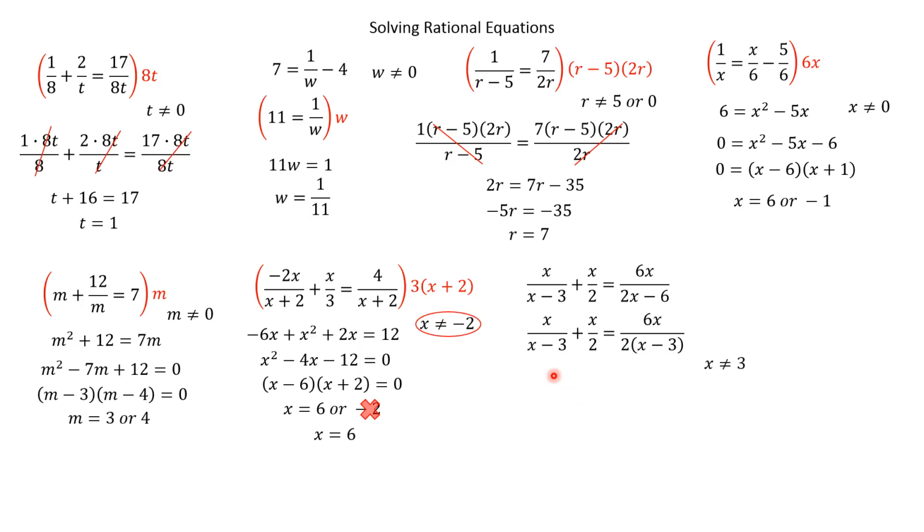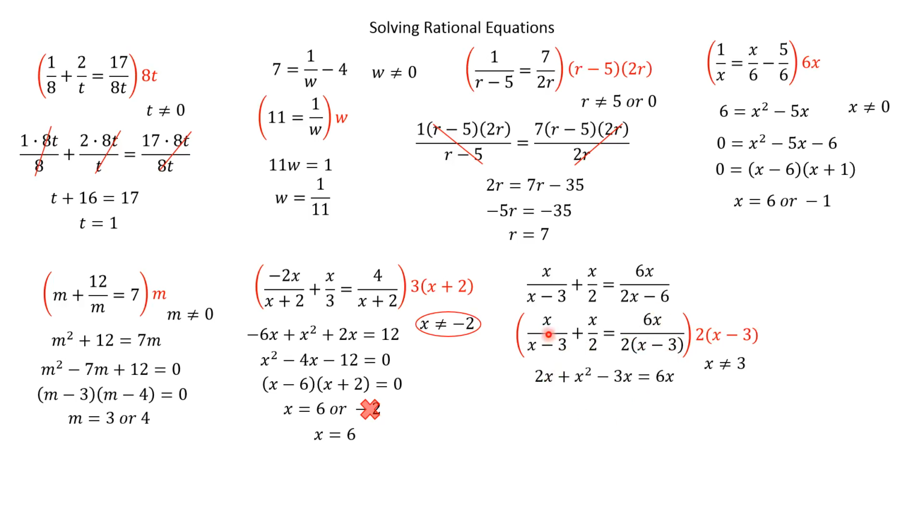In our common denominator, we need an x minus 3, and we need a 2, and this one's already x minus 3 and 2, so just 2 times x minus 3. When we distribute, here, the x minus 3 will cancel, leaving us with 2 times x. Here, the 2 will cancel, leaving us with x times x minus 3, which would be x squared minus 3x. And here they'll both cancel, so we just have the 6x left over.